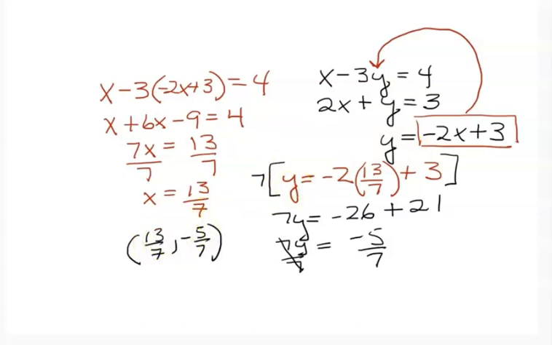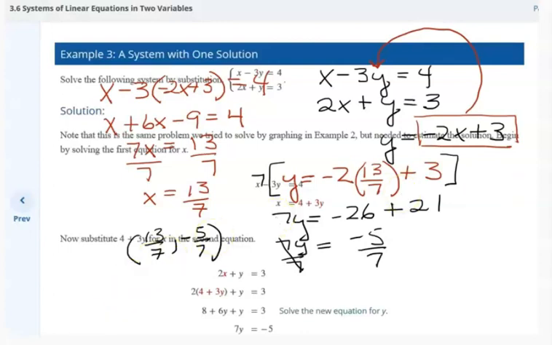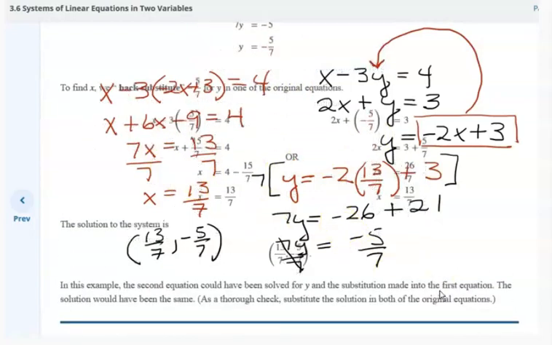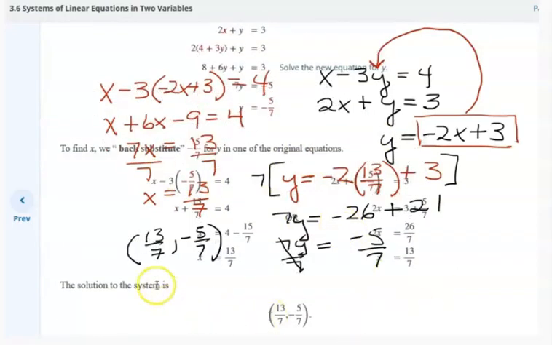All right, let's go back to our regular screen and see what they have. I'll leave my work there for a moment, but they've worked it through, and you see they get the same answers, 13/7 and a negative 5/7. This was the algebraic way of working it out through substitution.